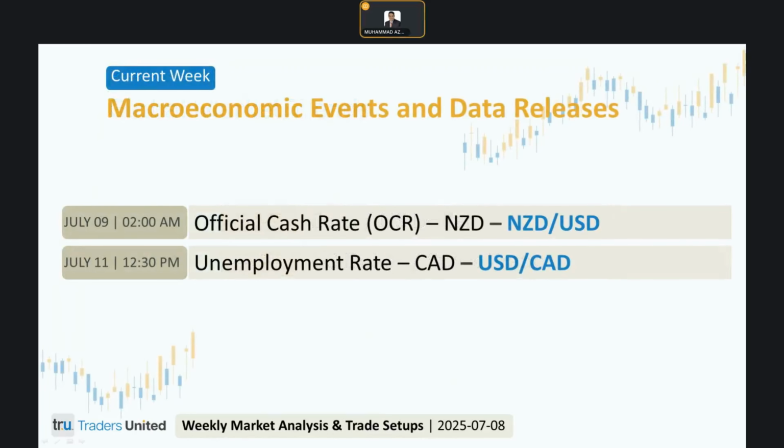Next, let us talk about macroeconomic events and data releases for the current week. So the fundamental analysis, and this is what I'm going to present now. So official cash rate OCR related to New Zealand and the NZD USD currency pair. This is what we are going to discuss.